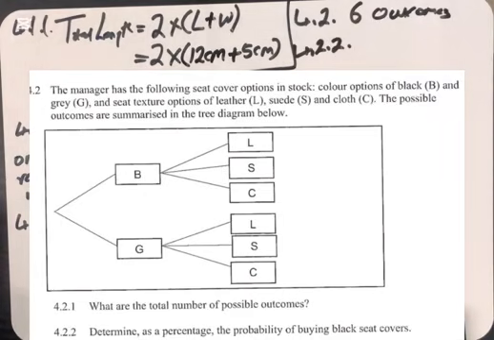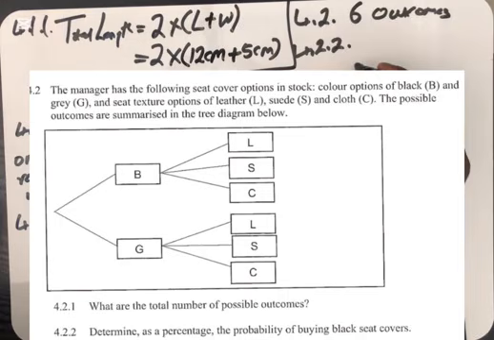4.2.2, it says determine as a percentage the probability of buying a black seat cover. So probability: we know that there are 6 outcomes. Obviously, you are going to divide by 6. But now let's determine the black ones. B represents black. So if you check here, 3 of them are going to be black.